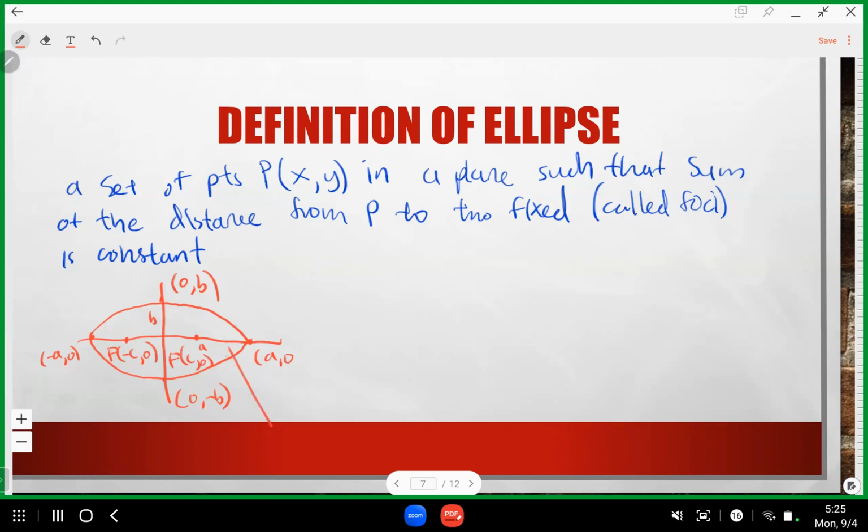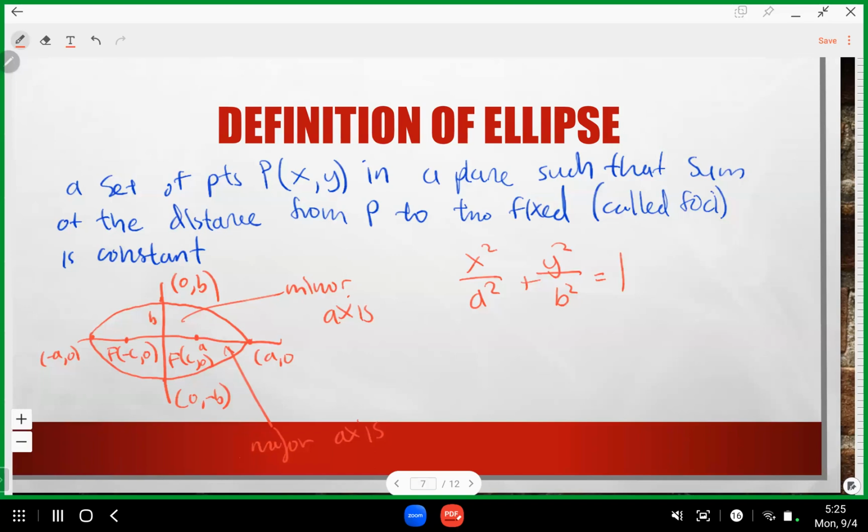And this is the larger axis. That's why it's called the major axis here. The smaller axis is called the minor axis. Right? So then what we have is our equation here: x squared over a squared plus y squared over b squared is equal to 1, right?